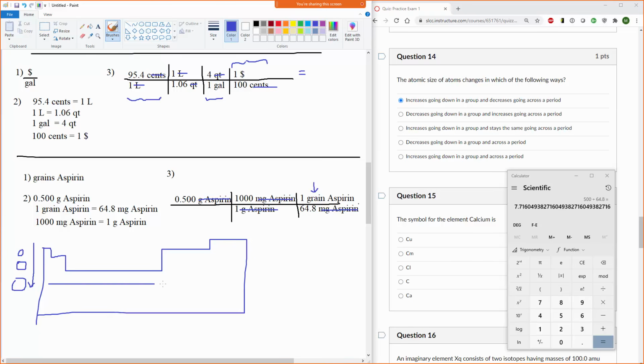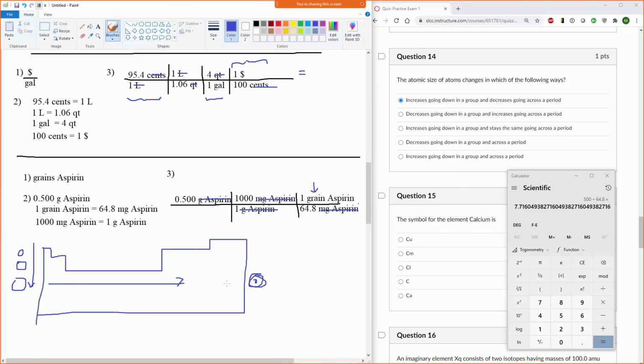But as I go across, I'm filling the same size shell. So it actually doesn't get bigger as I go across, even though I'm getting more protons and neutrons and electrons. The protons and neutrons are in the nucleus. You can't see them. They don't take up really any space. And the electrons are occupying the same size shell, so they're not getting any bigger. But instead, the electrons on the surface are more attracted to the protons in the nucleus because you have a larger positive charge in the nucleus.